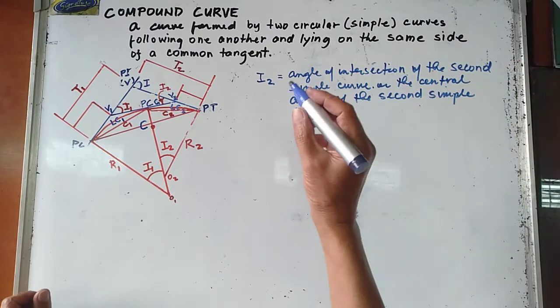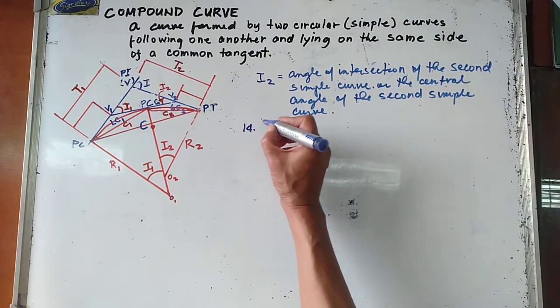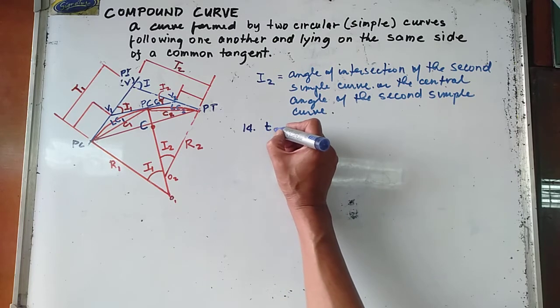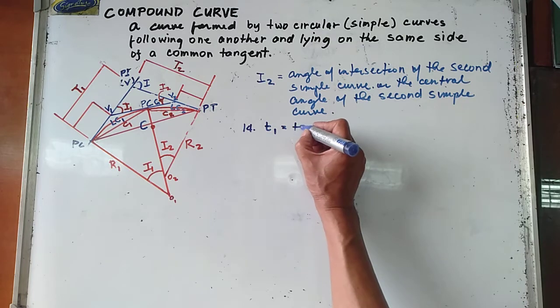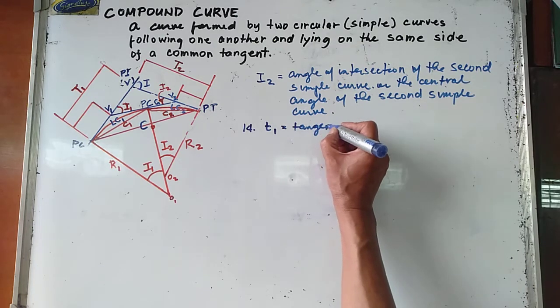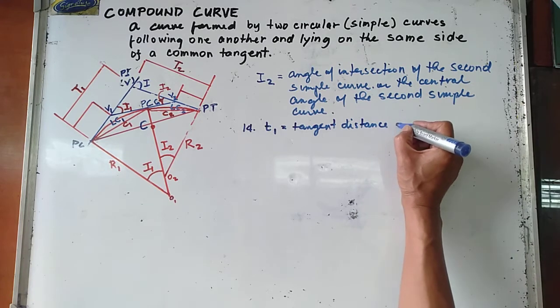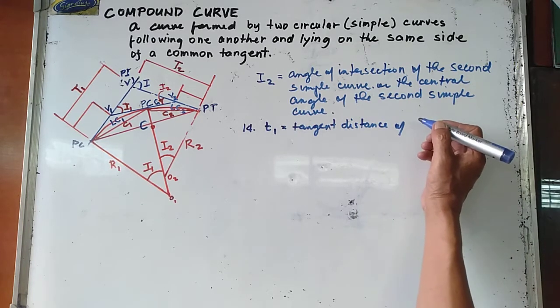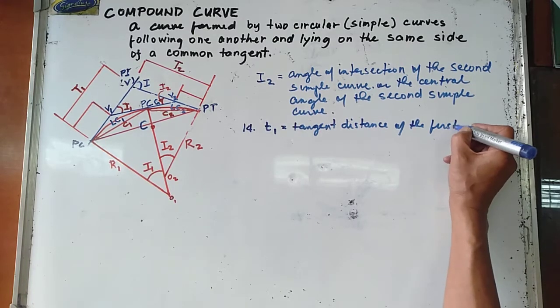We have another element of the simple curve, your small t1. Your small t1 is the tangent distance of the first simple curve.